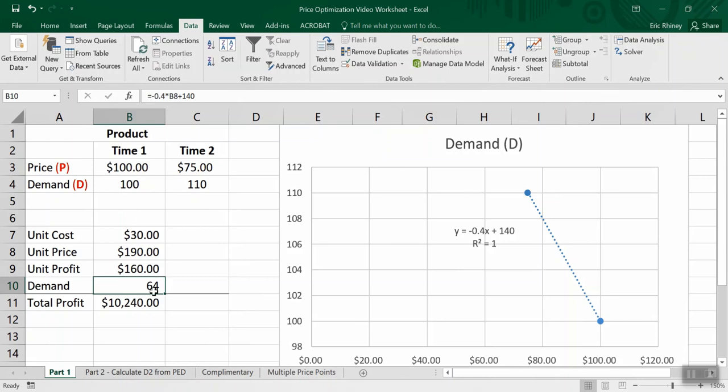But maybe we can only sell 60 per week. So we could go in Solver and put a constraint in terms of demand and say, hey, we can have demand over 60, and it will recalculate the price point in terms of that constraint.